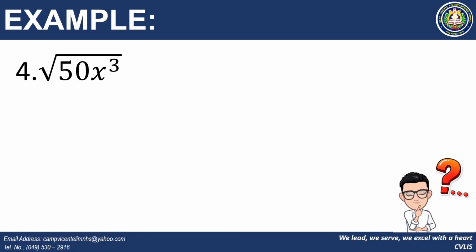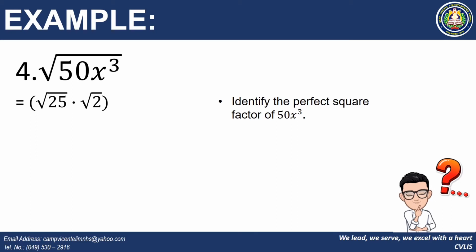Example number 4 is the square root of 50x cubed. The first step is to identify the perfect square factor of 50x cubed. For the factors of numerical coefficient 50, we have the square root of 25 and square root of 2. On the other hand, the factors of x cubed are the square root of x squared and square root of x.